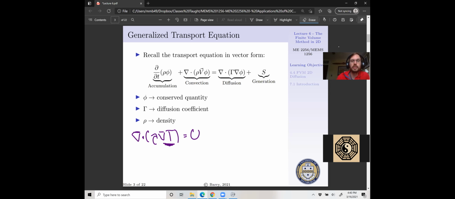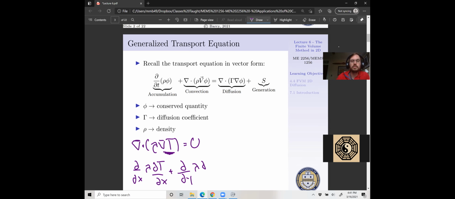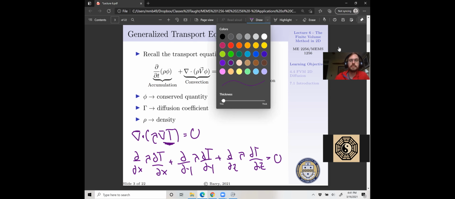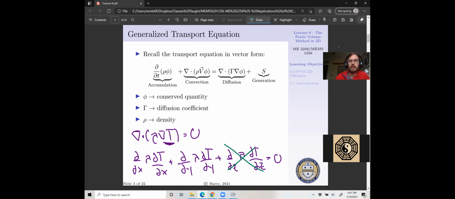No sense of doing our intermediate steps. We'd have del by del x of lambda del T del x plus del by del y of lambda del T del y plus del by del z of lambda del T del z is equal to 0. So in full 3 dimensions, that's what it's going to look like. In 2D, we're going to cut out our z component.